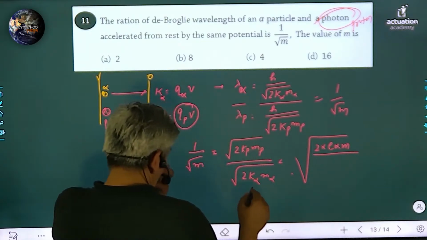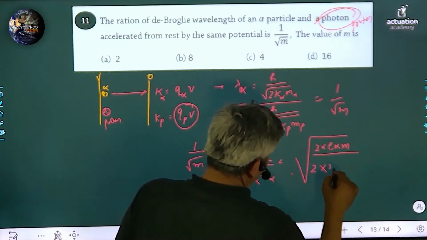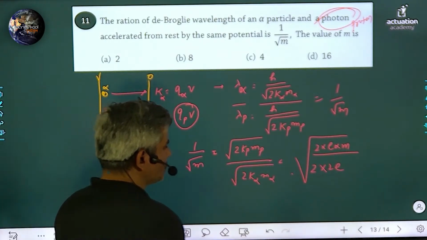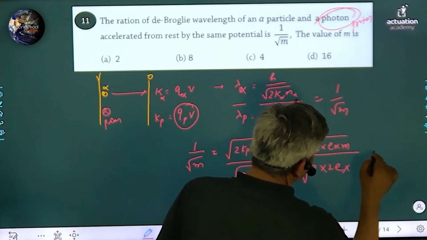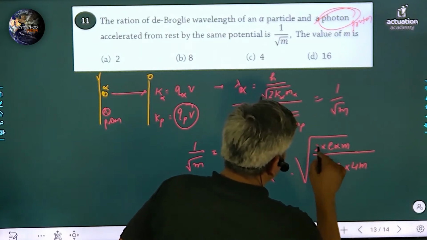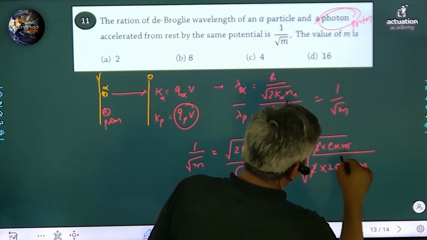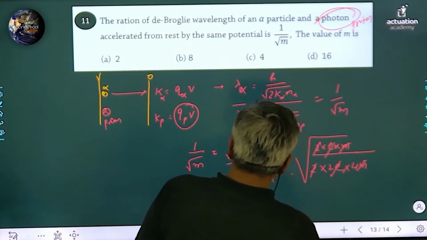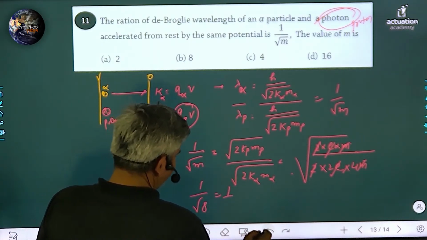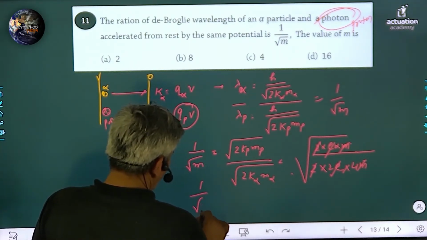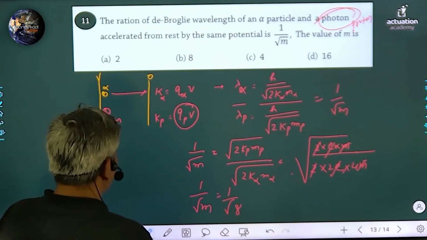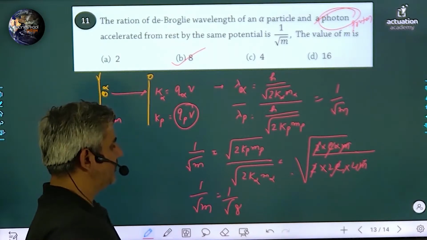The alpha particle has twice the charge of the proton, which is 2e, and 4 times the mass of proton. 2 and 2 cancel out, m and m, e and e. So 1 by root m is equal to 1 by root 8. So m is equal to 8.